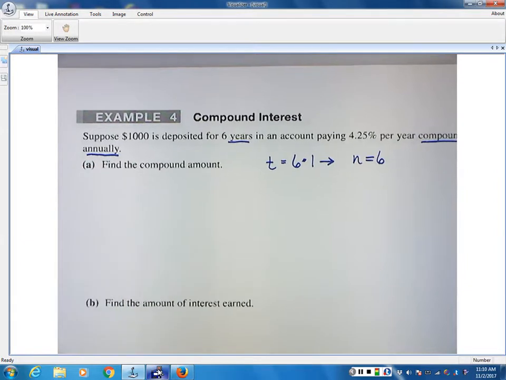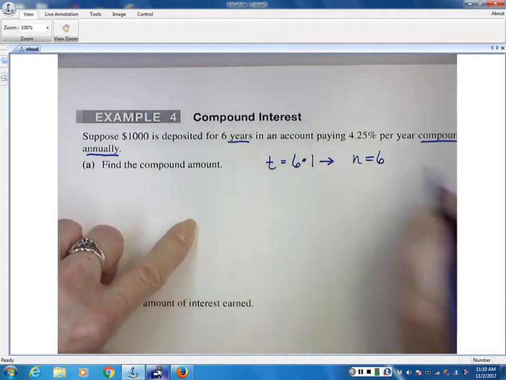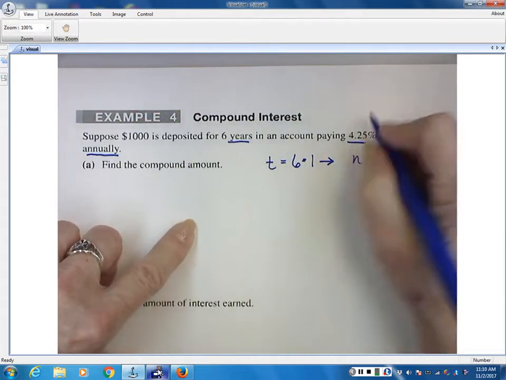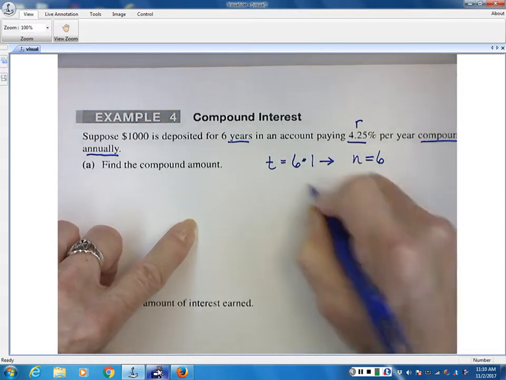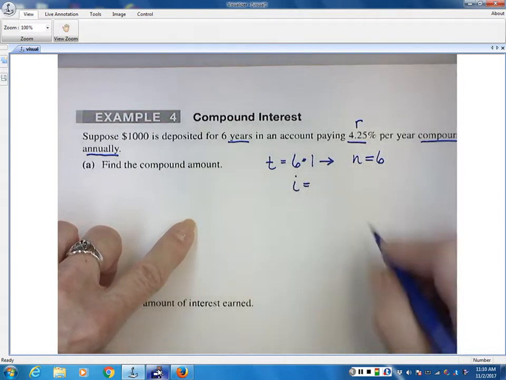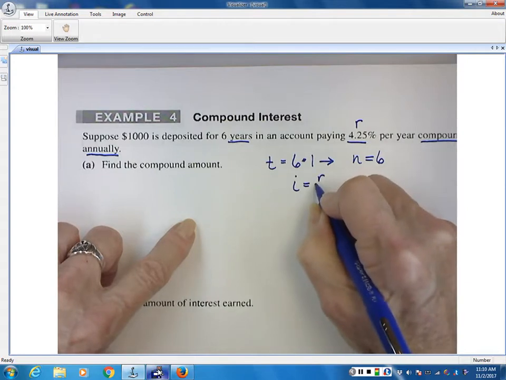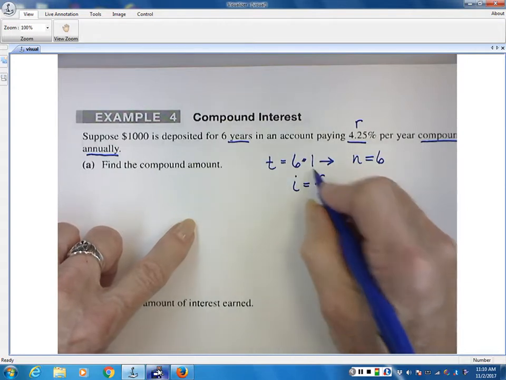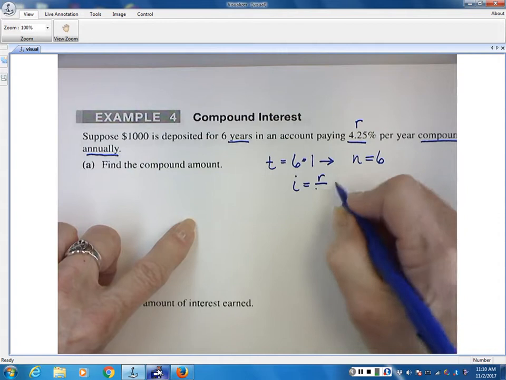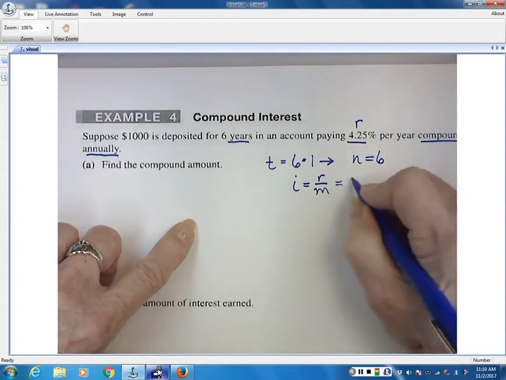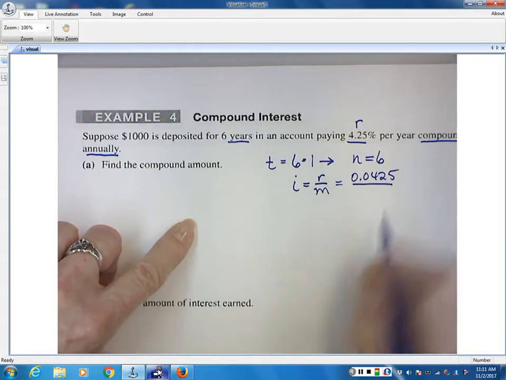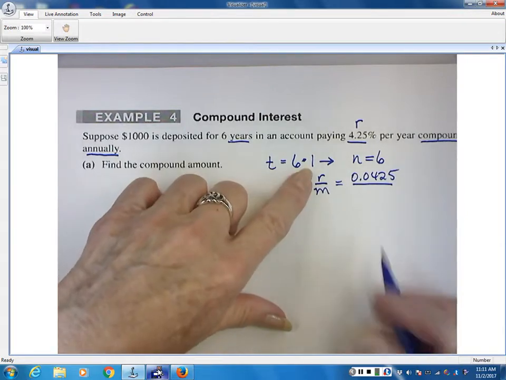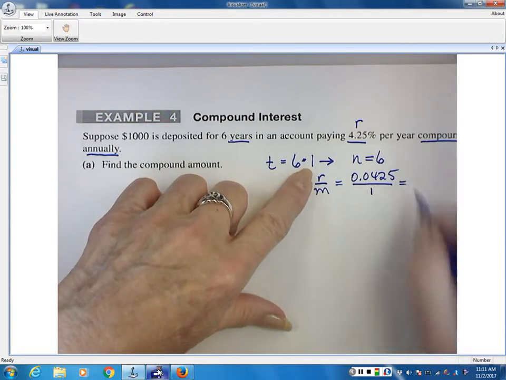And that also tells us that our interest rate, which is 4.25%, we're going to call the compounded interest rate R divided by M, the number of compounding periods. So in this case, it is 0.0425, but since the number of compounding periods is 1, then it's the same as the annual interest rate.